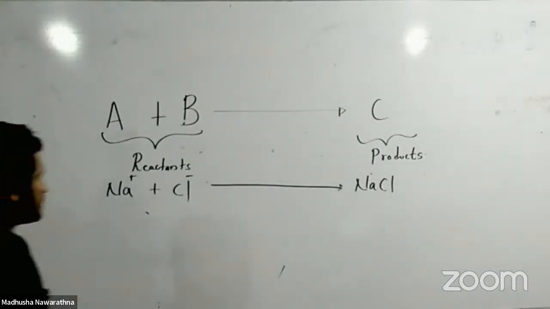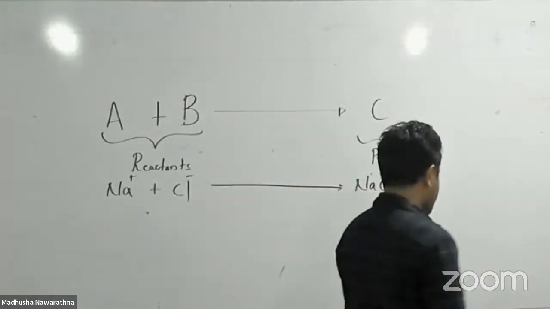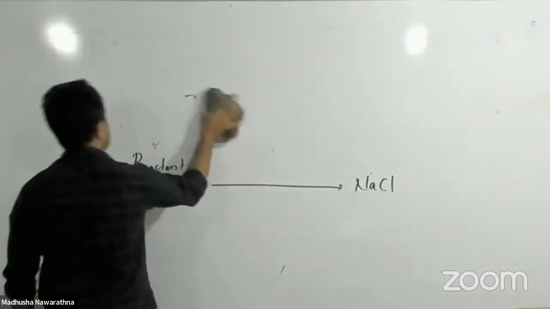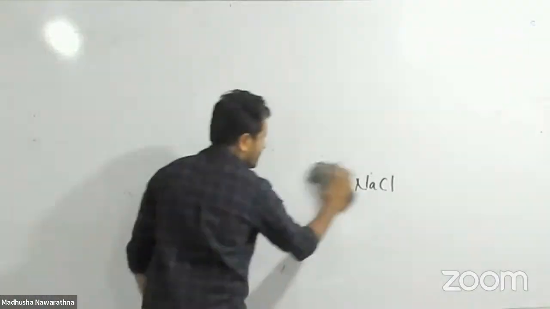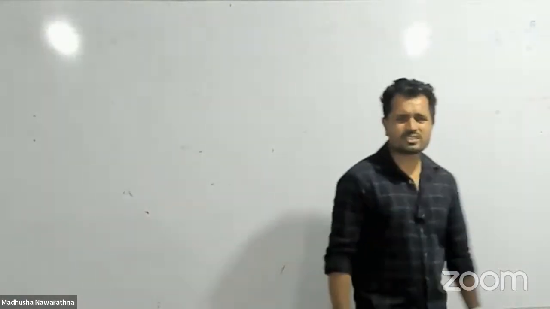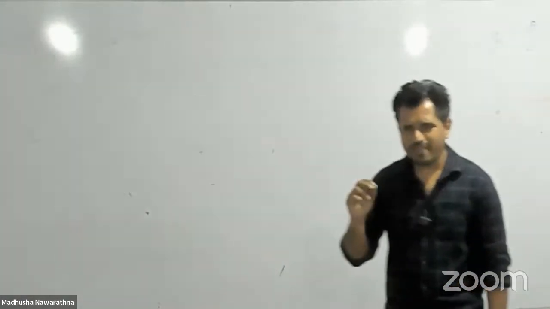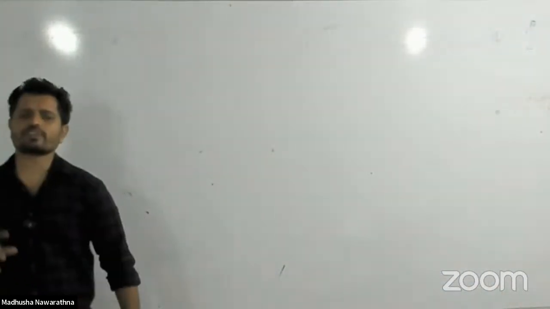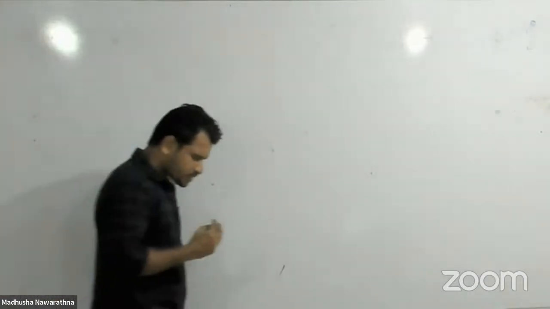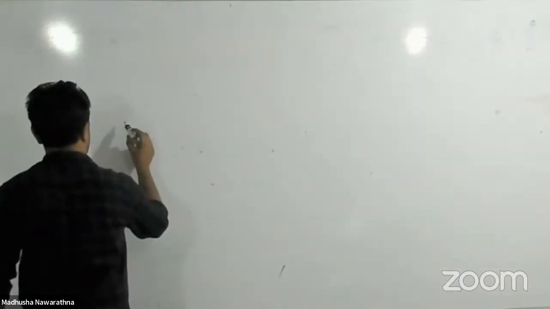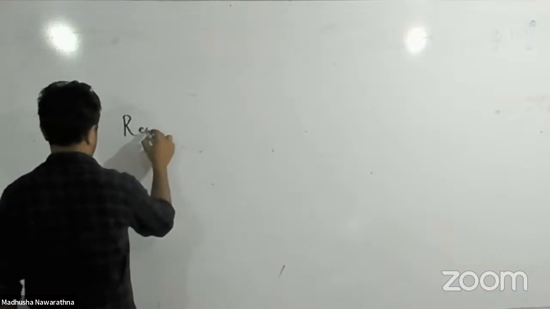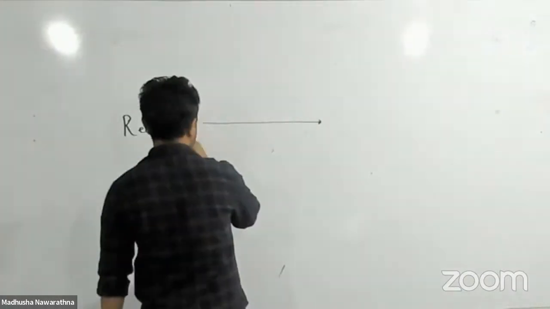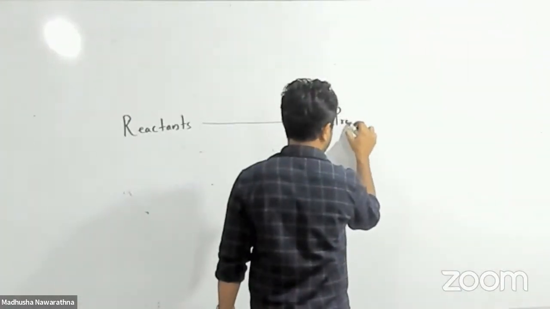Even you can observe some reactions which are very fast, and also some reactions are very slow. So Puti, the rate of reaction means, now in a reaction the reactants will convert into the products.